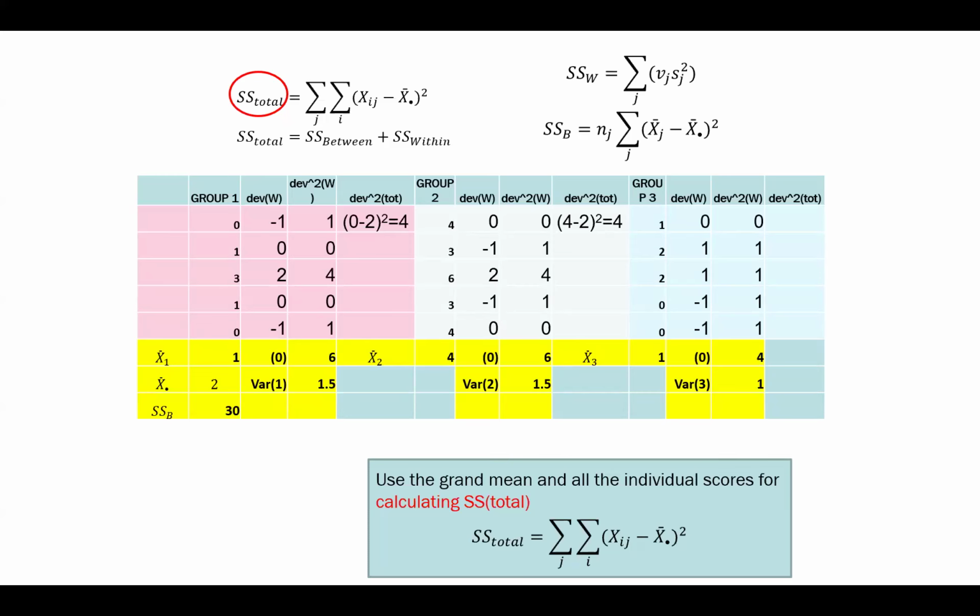Group 2 first score, x1 is the first score. Group 2, x1,2 is a 4. 4 minus the grand mean of 2 is 2. 2 squared is 4. So you're going to do that for every score in the set, and then you're going to add them all up.